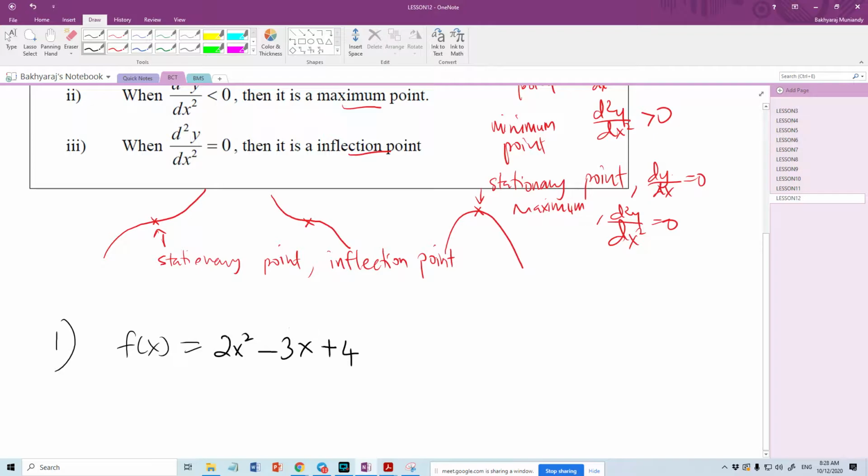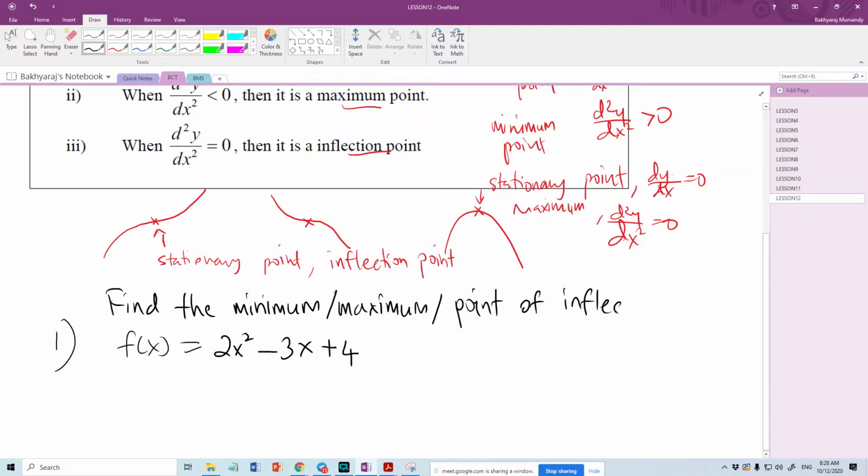My question is, find the minimum, or maximum, or point of inflection of the given function.